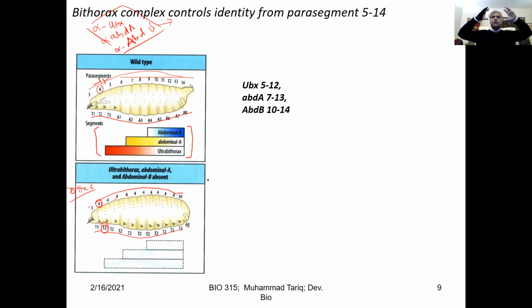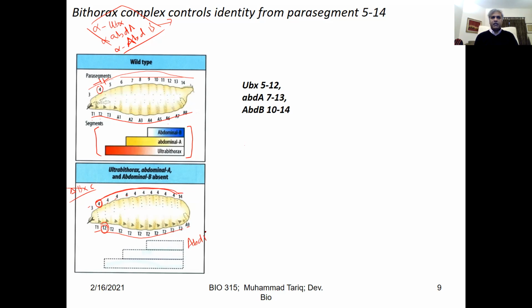If that buffer is gone, it floods these segments and takes up their identity. Homeosis has taken place.